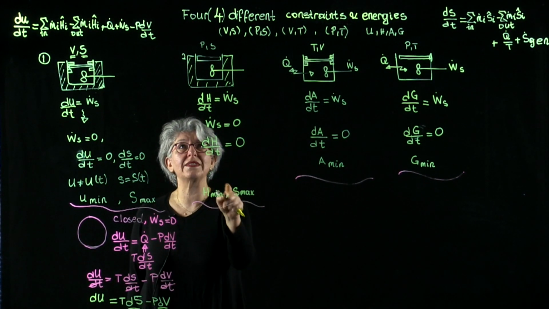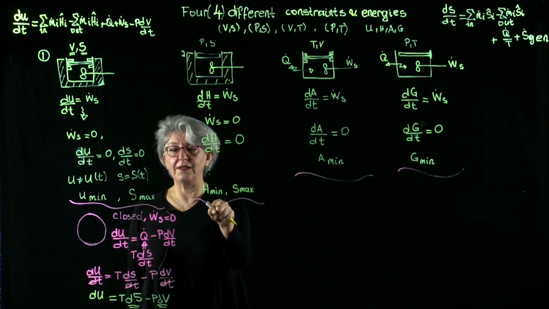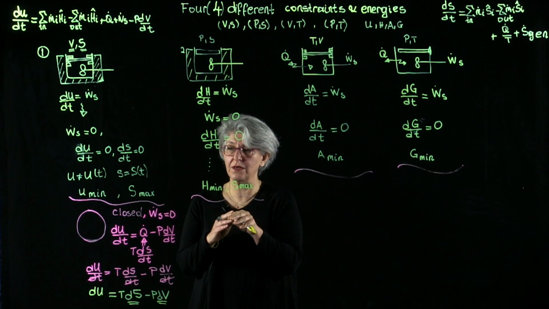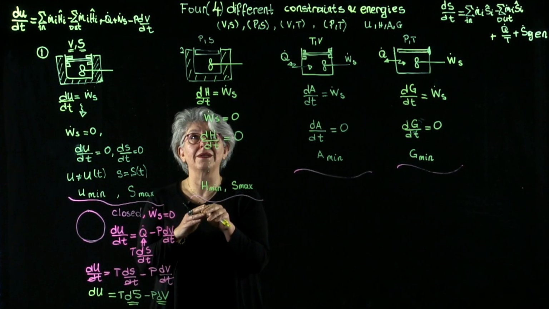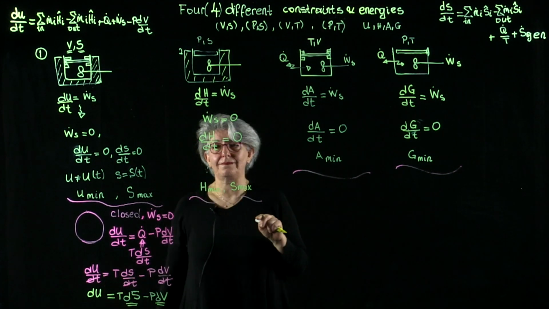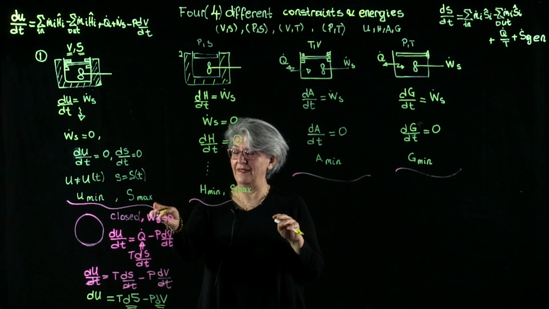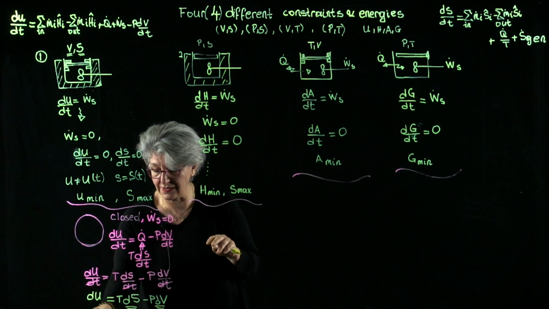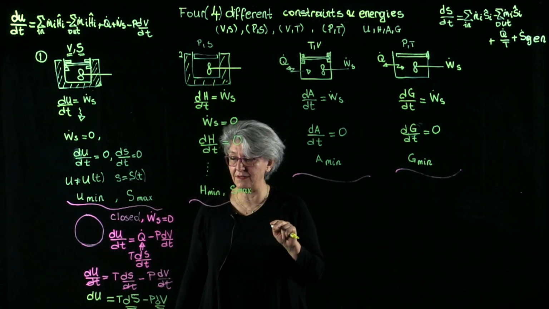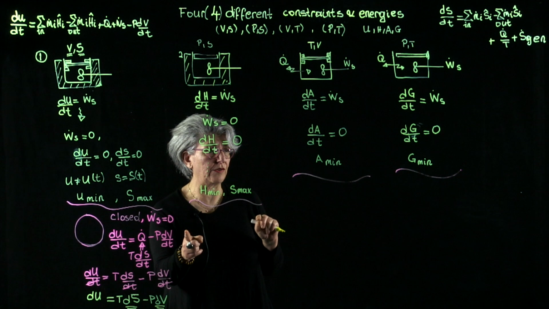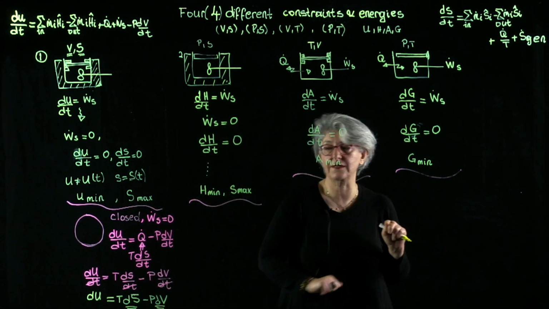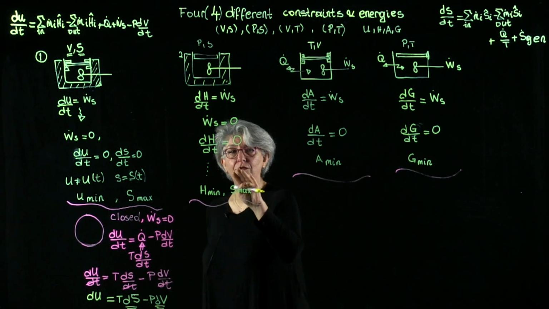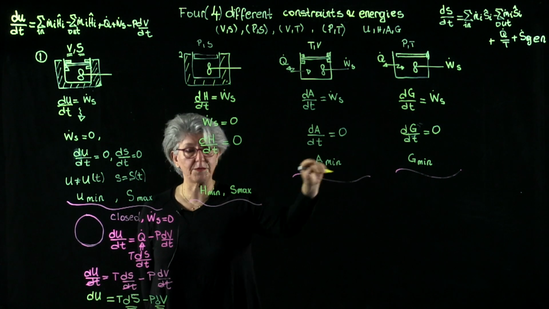Now let's do the same here. We have a closed system where there is no shaft work, but we have this gas. Internal energy is now T dS minus P dV. We are going to write the counterparts of these expressions from the definitions of enthalpy, Helmholtz free energy, and Gibbs free energy.